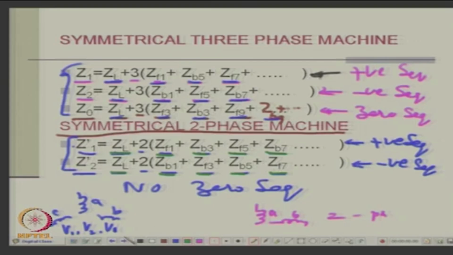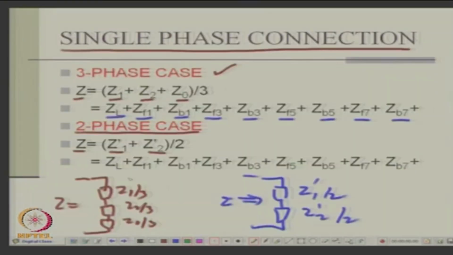So, you notice by this that whether you take a 3 phase case with 2 open or a 2 phase case with 1 open, you will have to get the same impedance Z, so Z1 plus Z2 plus Z0 by 3 should be equal to Z1 dash plus Z2 dash by 2, which is true because all these terms are here, ZL, ZF1, ZB1, ZF3, ZB3, ZF5, ZB5, ZF7, ZB7, all odd harmonics are there.